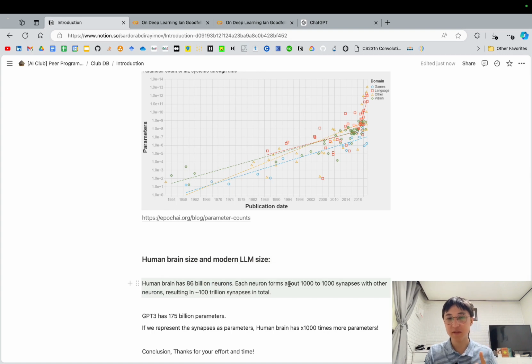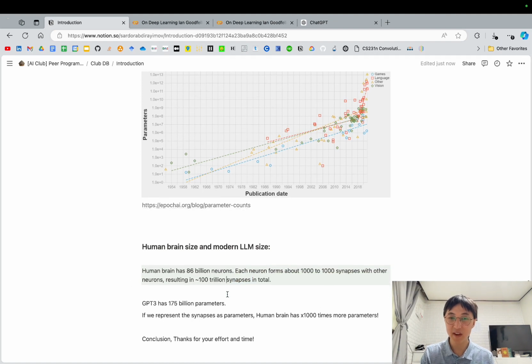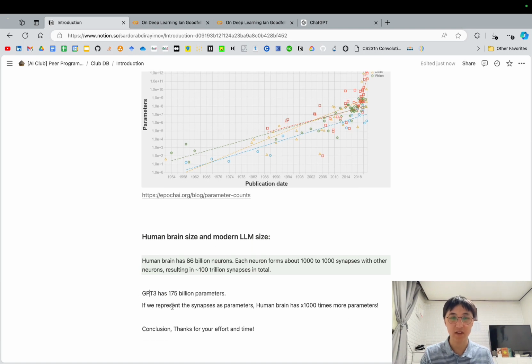Each neuron forms about 1,000 synapses with other neurons, resulting in approximately 100 trillion synapses in total. If we represent synapses as parameters, we can say the human brain has about 1,000 times more parameters than GPT-3. For GPT-4 and GPT-4o, I'm not sure how many parameters they have, because I think it's secret.